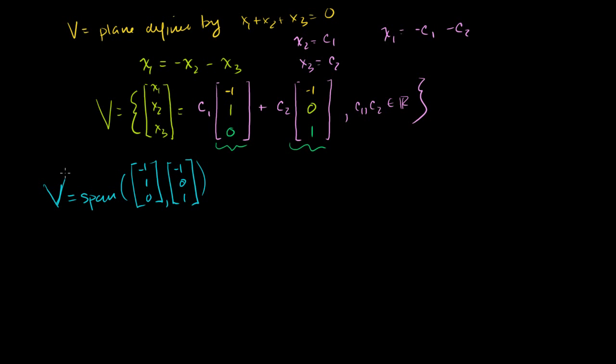But the whole reason why I'm making this video is to find an orthonormal basis for V. This is just a basis. These vectors right here are just a basis for V. Let's find an orthonormal basis. Let's call the first vector V1, and let's call the second vector V2.